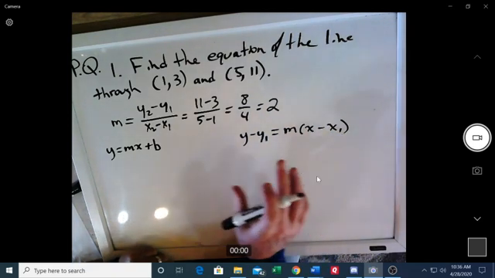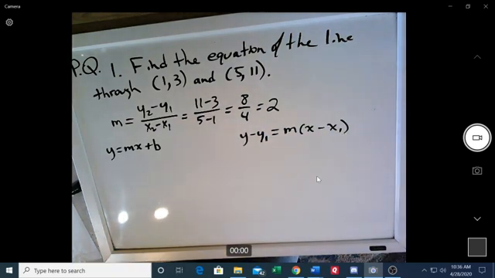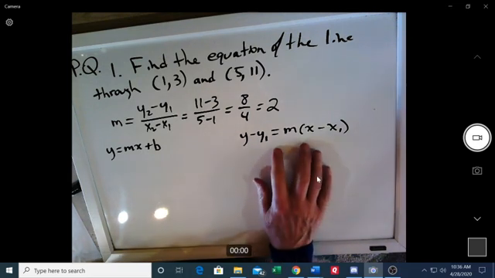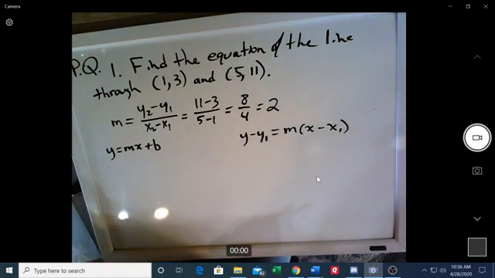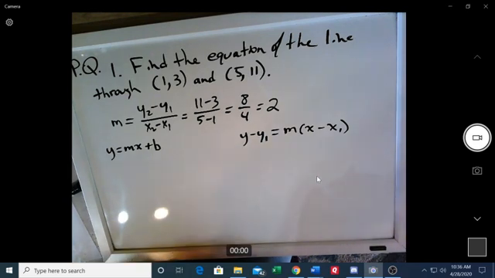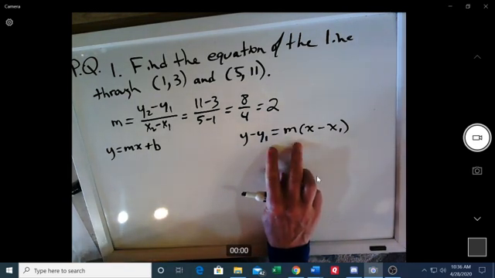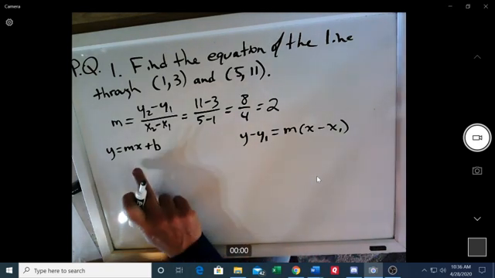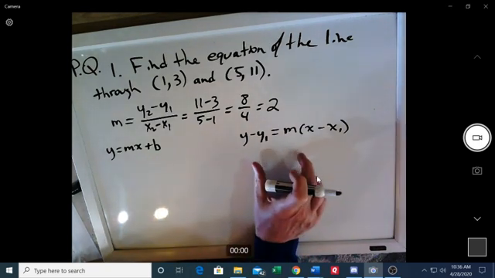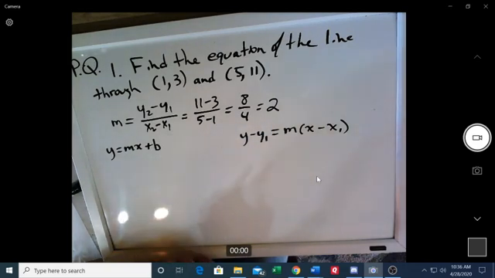This one makes it really easy to plug it right into, but you might not have remembered this one. So let's suppose I had remembered this. Now let me show how easy it is to do it with this. And then we'll go over to here, in case you hadn't remembered this, how you could still have constructed it and got the same answer from here.